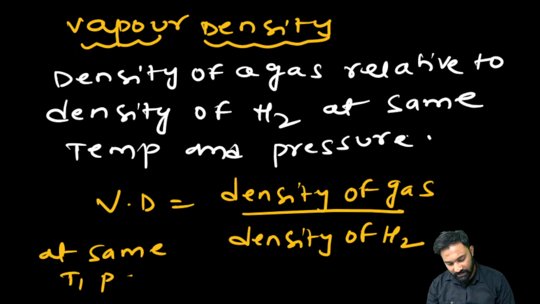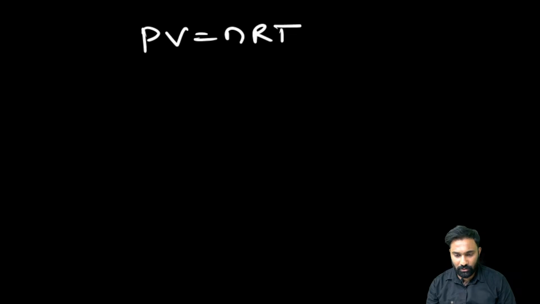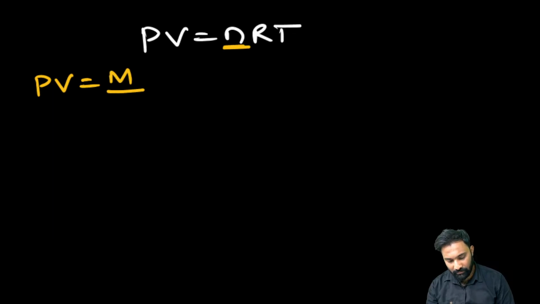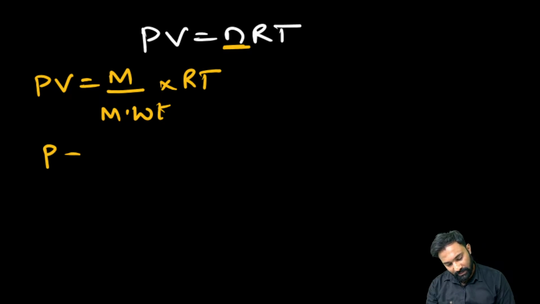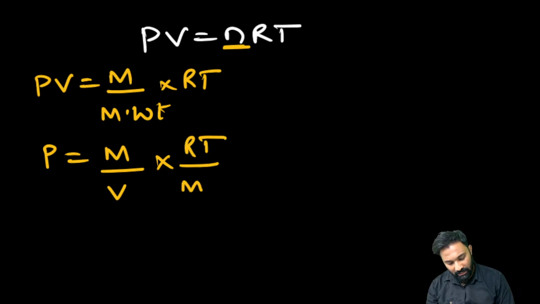Now at the same temperature and pressure, the ideal gas equation is PV equals nRT. If we modify this formula, the number of moles is mass by molecular weight, into R into T. If you send the V to the left hand side, P is equal to mass by volume into RT by molecular weight.